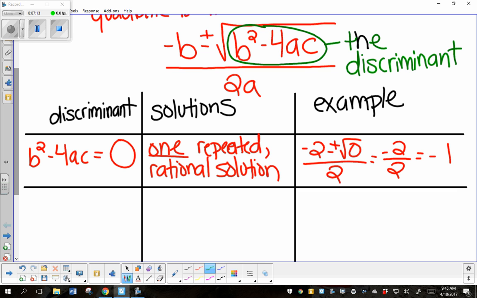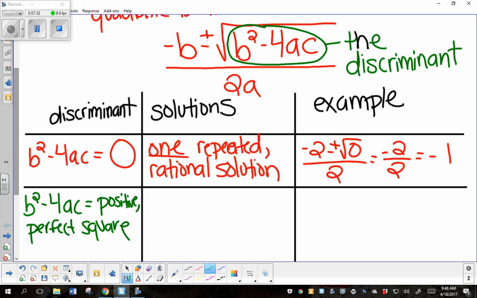Let's say you did b squared minus 4ac and you ended up getting a positive perfect square. So like in your square root, you had 64 or 100 or 25 or 81 or 49 or 36 or 16 or 9 or 4 or 1 or 121.